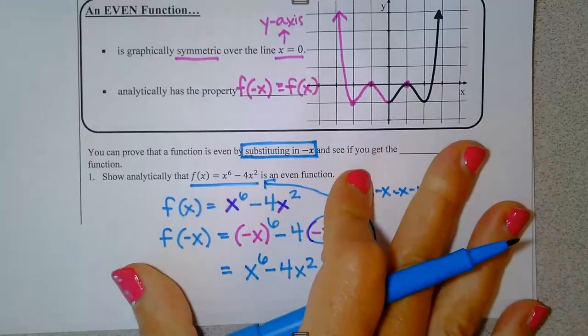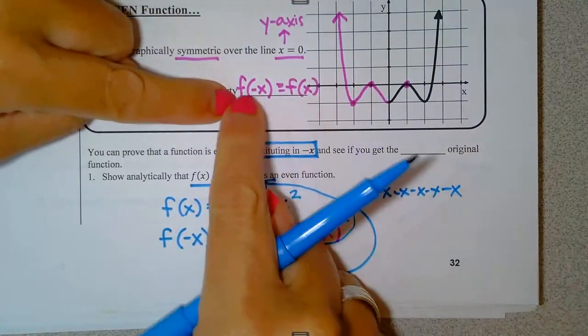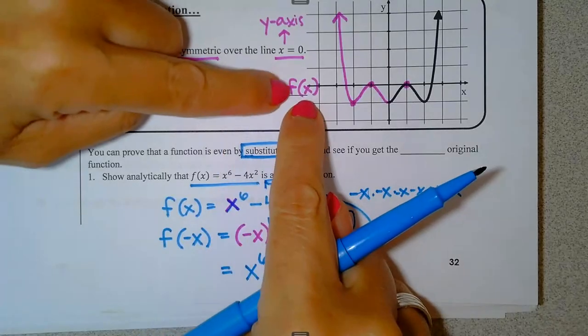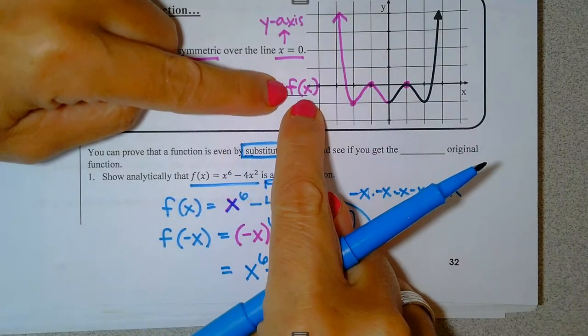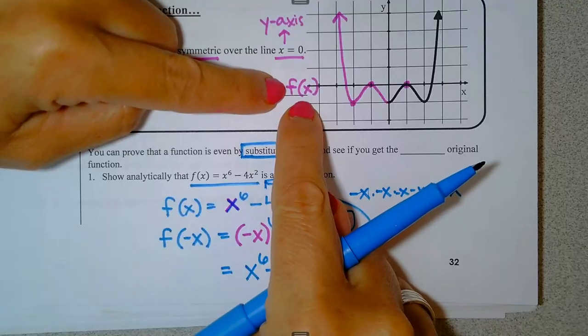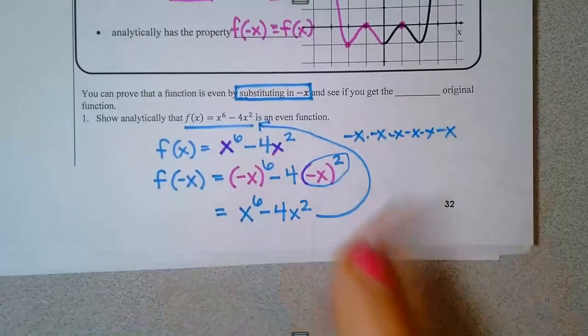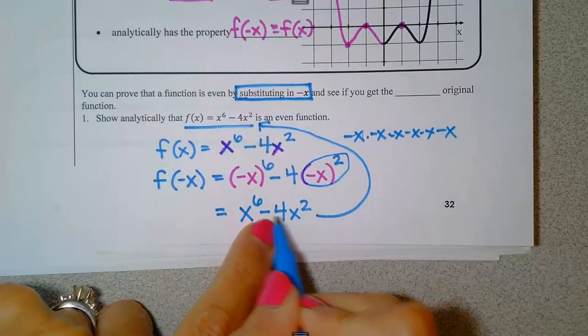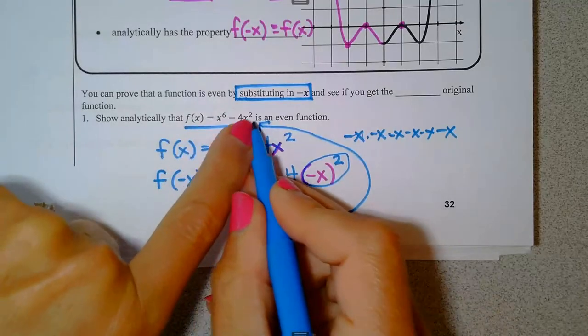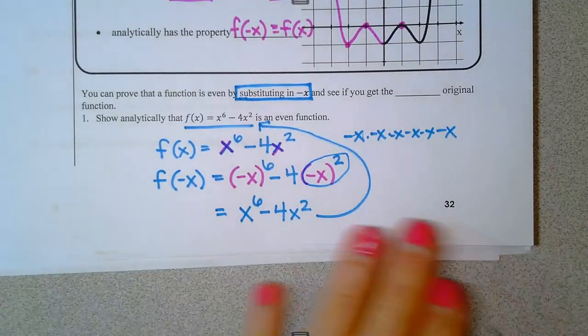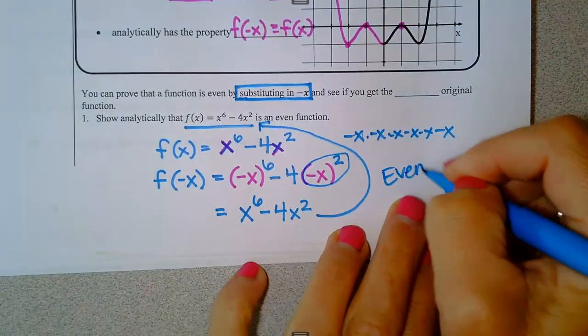And what this is saying is if you put in a negative x, do you get out your original function? Do you get the same exact thing? Okay? And x to the 6 minus 4x squared, x to the 6 minus 4x squared is the exact same. So that means it's an even function.